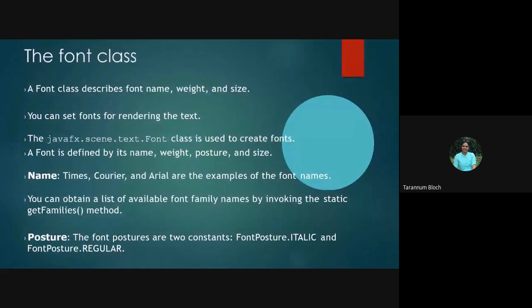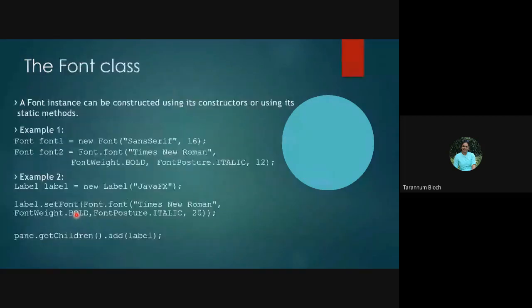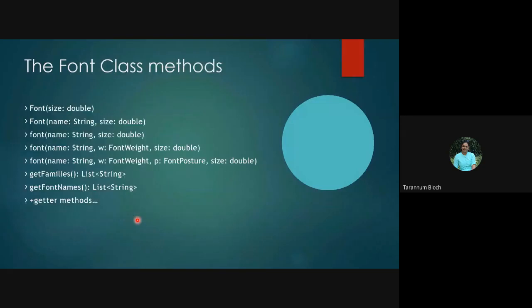We said we have the Font class, which is having two constants, which are FontPosture.ITALIC and FontPosture.REGULAR. We can also get the font family with the help of the method font family. We do have font name and size, and then we have seen an example yesterday, right?